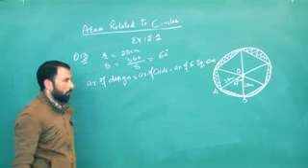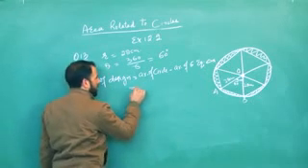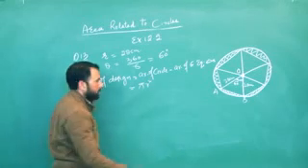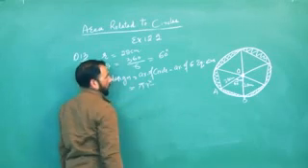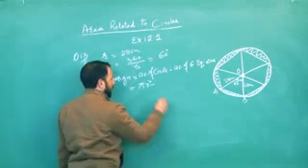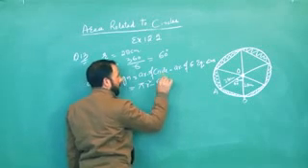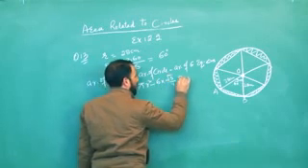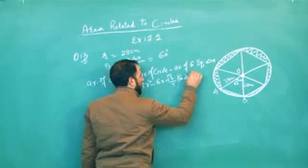The area of the circle is pi r square, minus 6 into the area of an equilateral triangle. We know that it is square root 3 divided by 4 into side square.